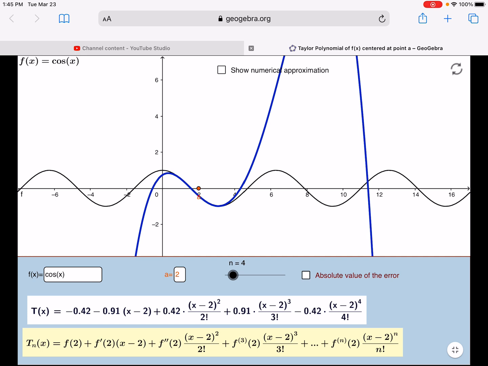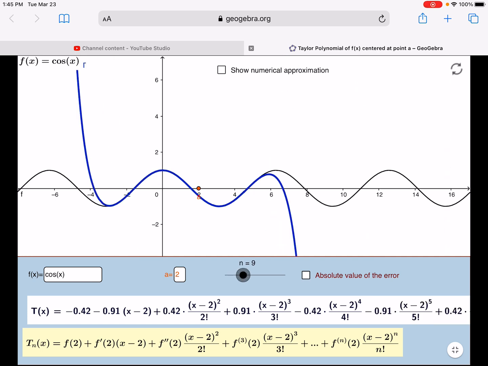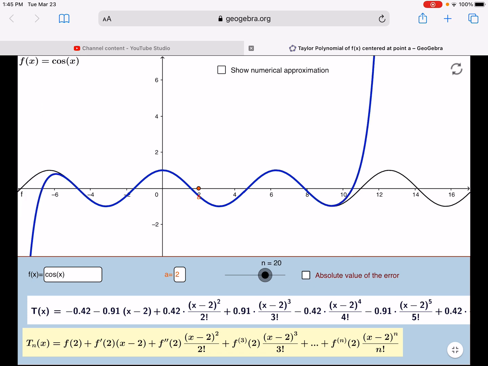So you can see when you change n, increasing n, the blue graph is the Taylor polynomial, how it approximates the graph of the cosine. The cosine graph is the black curve. Increasing n, you get a better approximation, but it stands only around 2. Far away from 2, the polynomial is very different.